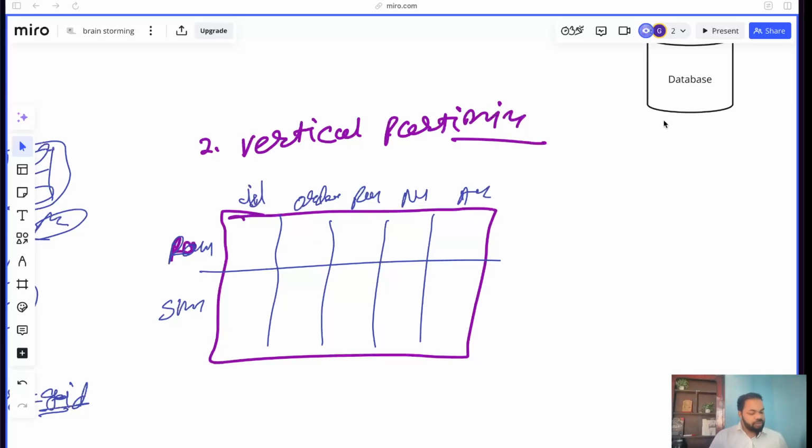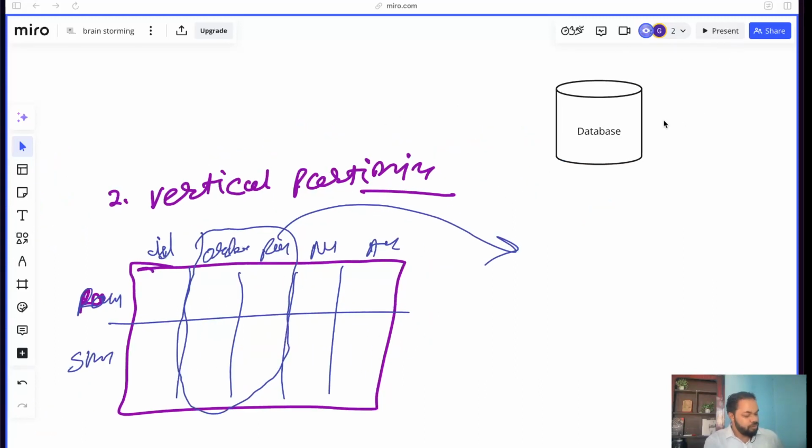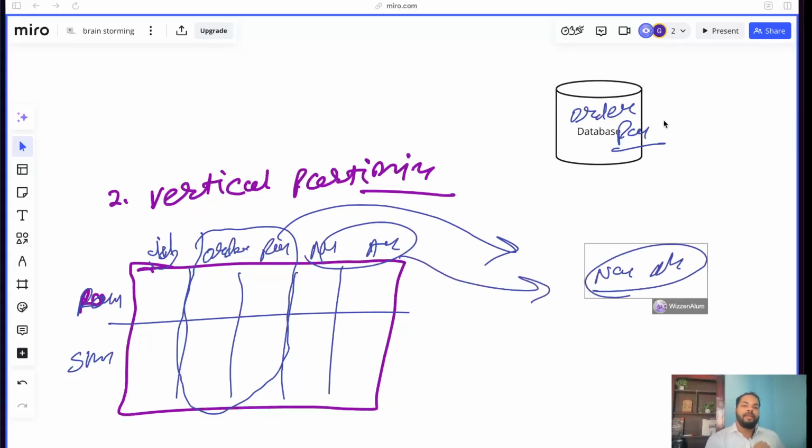Instead of dividing the data row-wise, you can divide the data column-wise also. We don't need order and payment right now; whenever they request it, we can ask for it from some other database. So we will store order and payment details in one partition, and the name, address, and ID in some other partition.